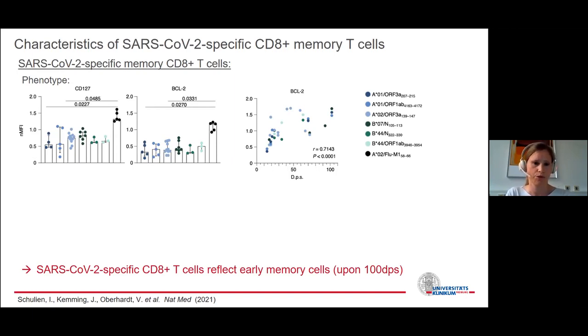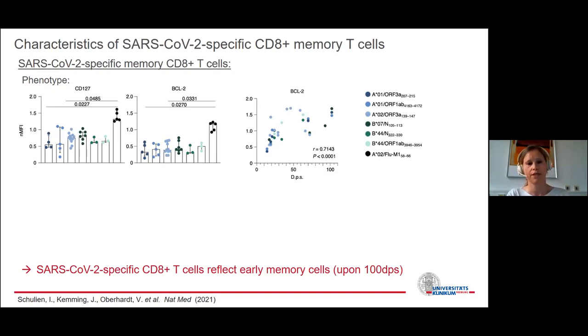And what you can directly see is that the expression of CD127 and BCL2 is increased in the influenza specific CD8 T cells. But when we had a look at the expression, depicted for BCL2 on this slide, dependent on the time after symptom onset, we realized that the expression is increasing with time post-symptom onset.